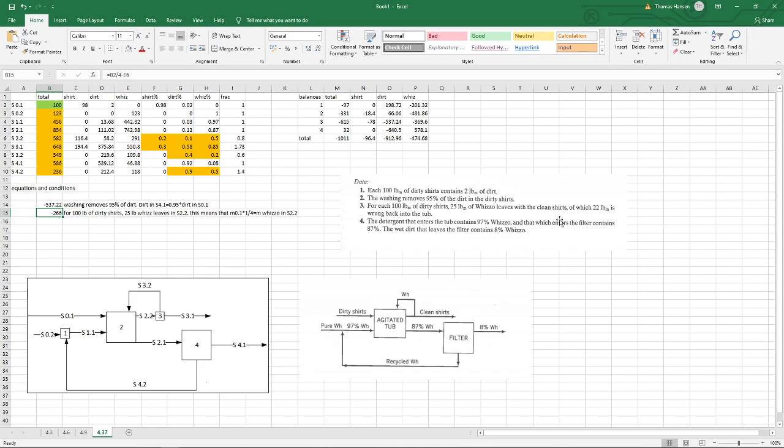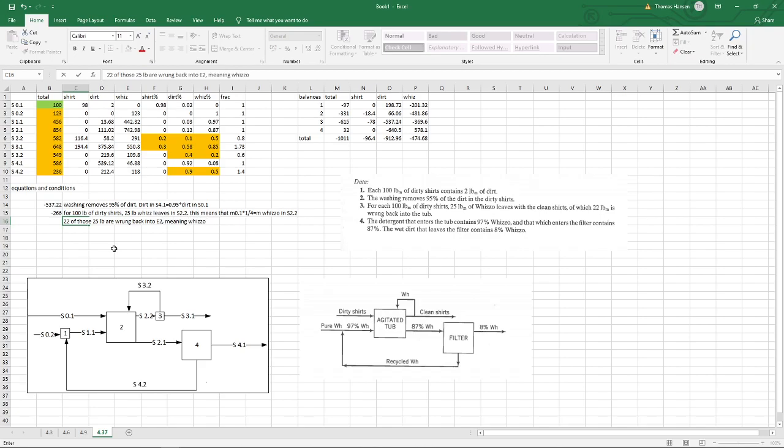Then we're being told that of those 25, 22 pounds will be recycled in our 3-2 stream. So 22 of those 25 pounds are run back into our second unit.